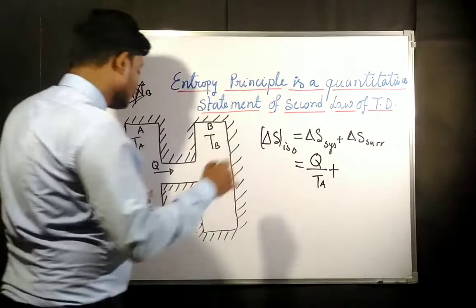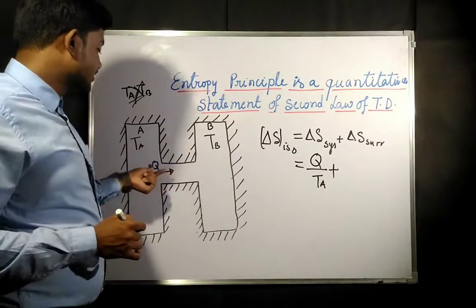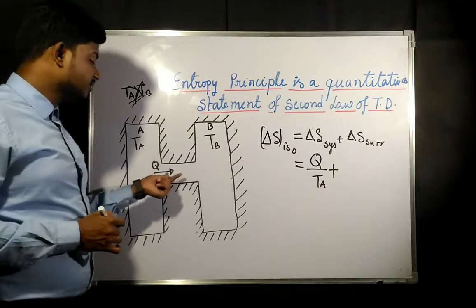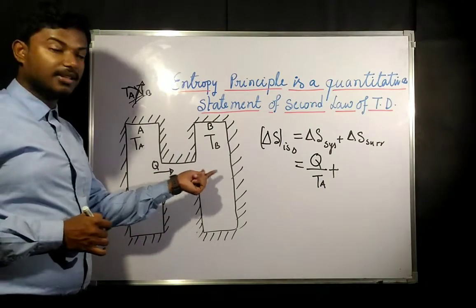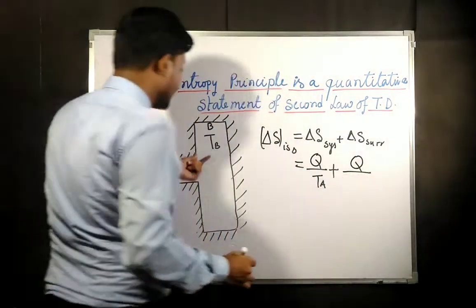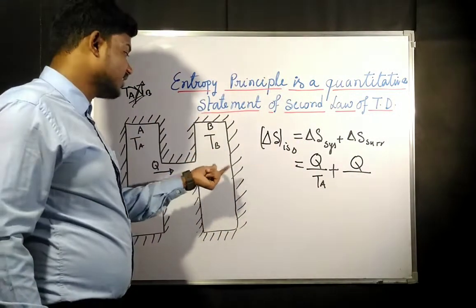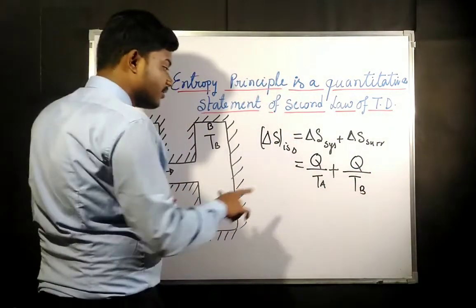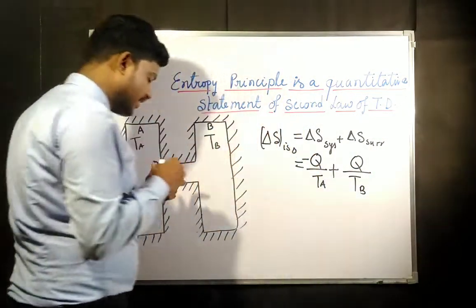Plus, for the surrounding, what is going to happen? The same amount of heat is coming here. Whatever heat it is releasing has been completely received by this one. So it is going to be Q, but at what temperature is it receiving this heat? At temperature TB. But here there will be one negative sign. Why?